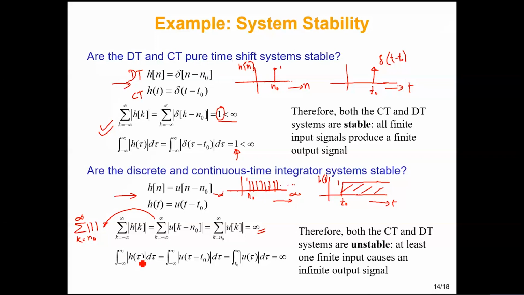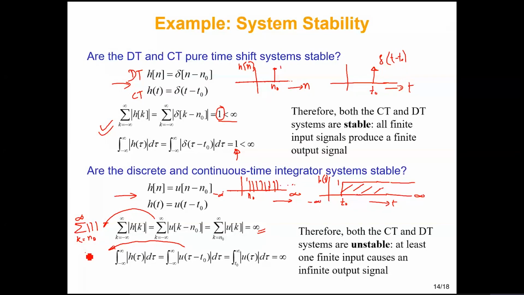h of tau, and we can replace the value of h of tau, it becomes u of tau minus t naught. And we know if we have this step signal inside any summation or integration, it just changes the limit. The way I would do it, this step signal is going to be 0 from minus infinity till t naught, and from t naught till infinity it is going to remain 1.